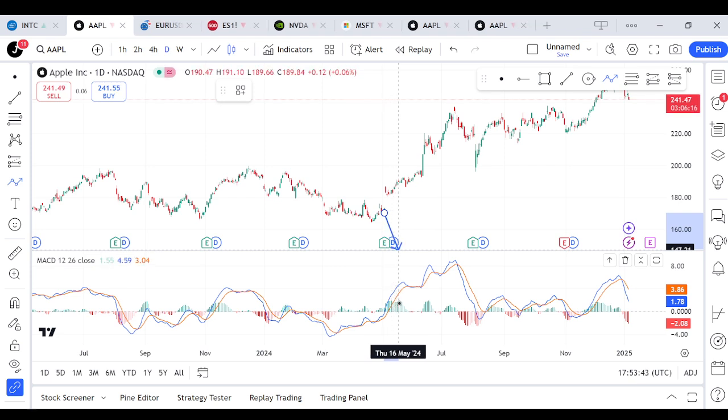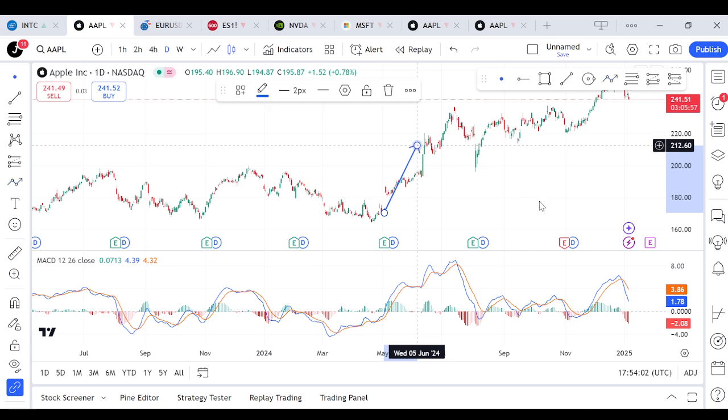So when there's enough momentum in the market, the histogram grows. As momentum increases, the histogram grows. So the histogram also shrinks as momentum decreases. So crossovers between the MACD and signal lines often indicate potential trend changes.